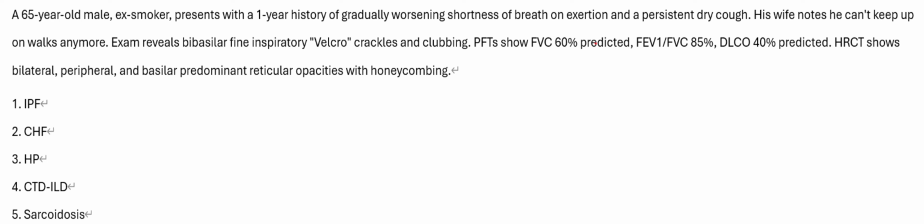The HRCT pattern is not usual interstitial pneumonia, UIP, but NSIP, non-specific interstitial pneumonia: ground glass opacities, reticulation, less honeycombing than UIP or IPF, and thickening of the bronchovascular bundle.